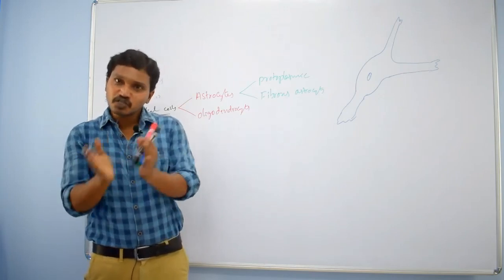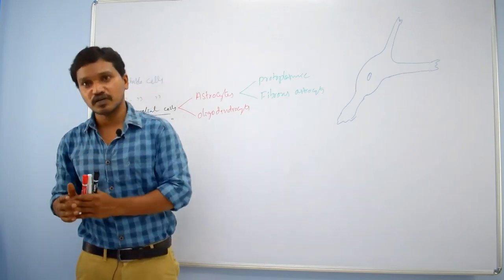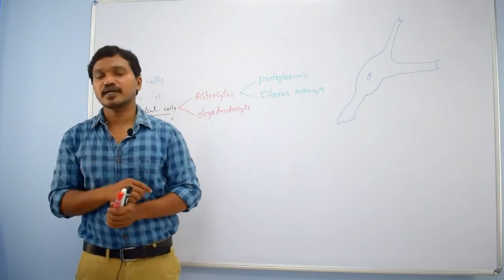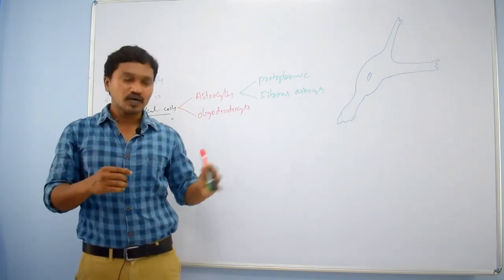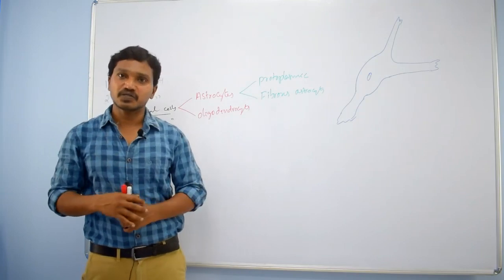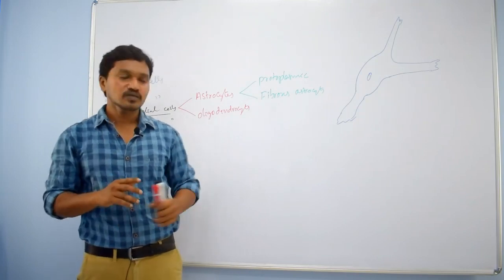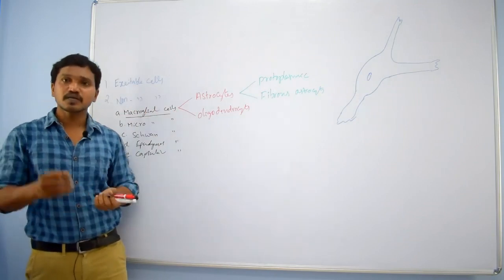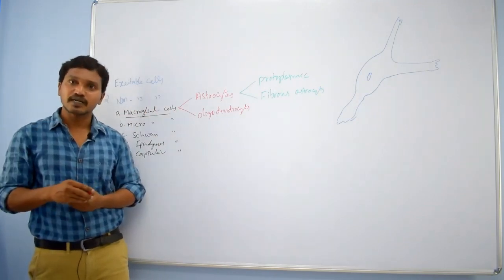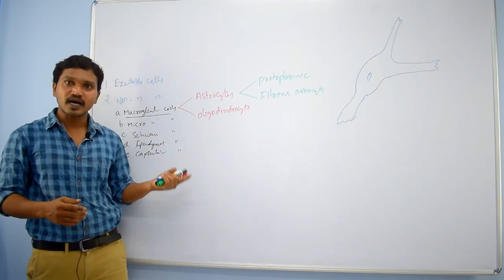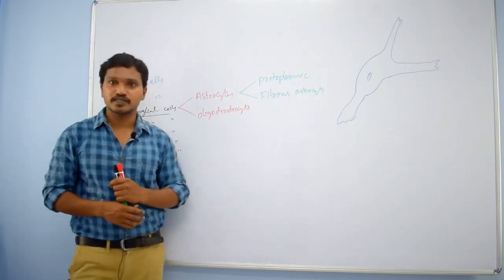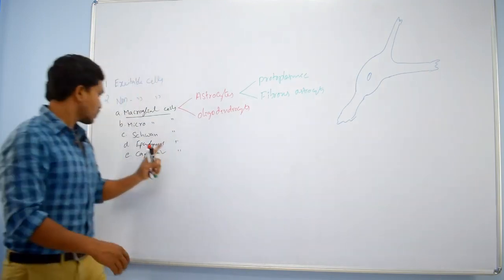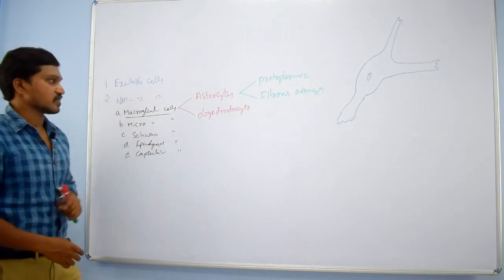That means just before birth and just after birth, they must have migrated from the blood to the brain tissue. Right? So, that is why they are present in relation with the capillaries, and they are phagocytic in nature. Clear?